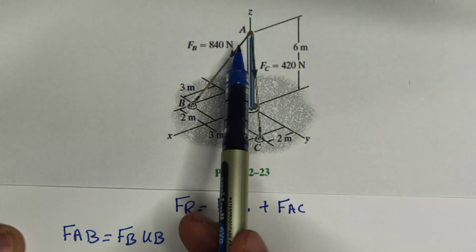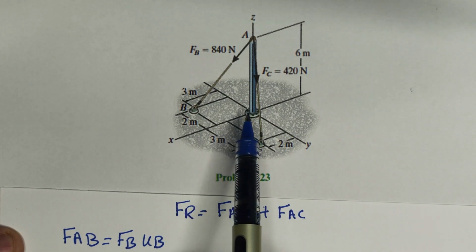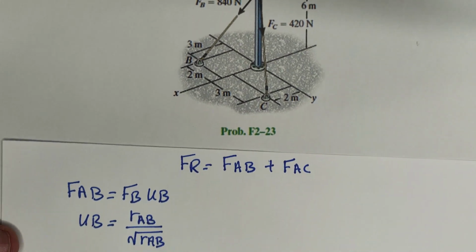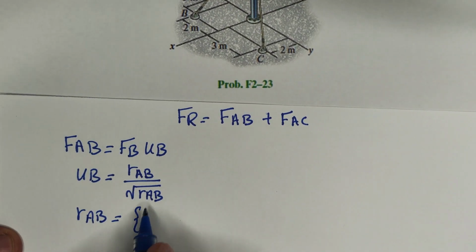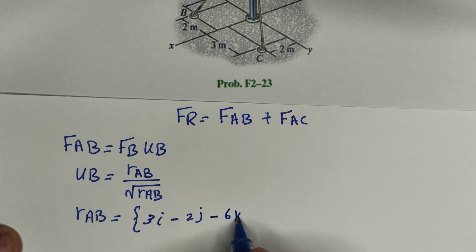It's negative because it's pulling downwards. Since the impact of the force is downwards, it will be negative on the z-axis. Now we found that positive 3i minus 2j minus 6k is the position vector for AB.